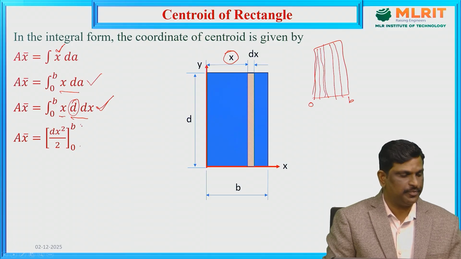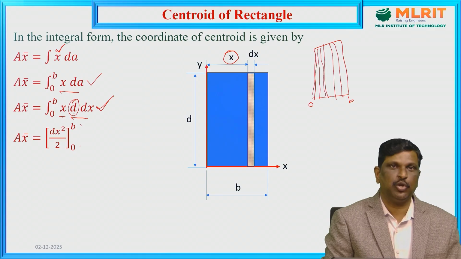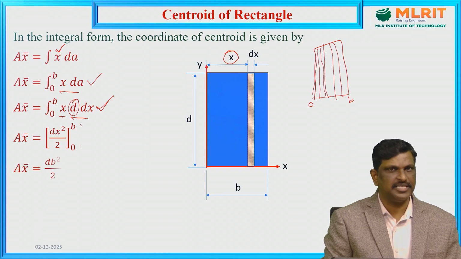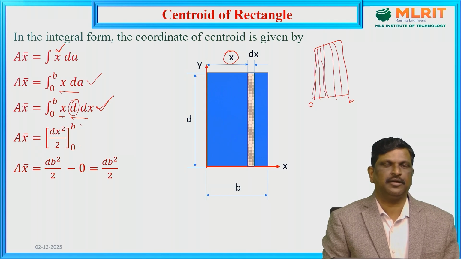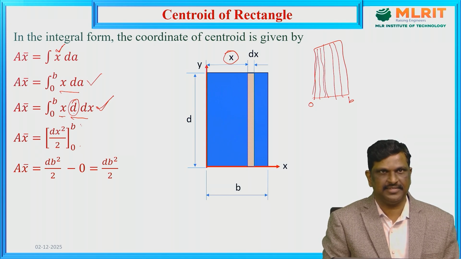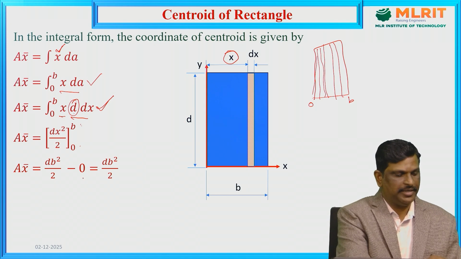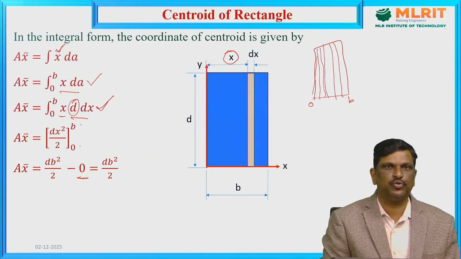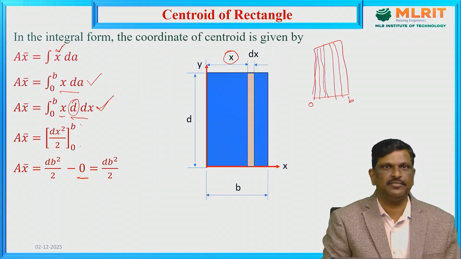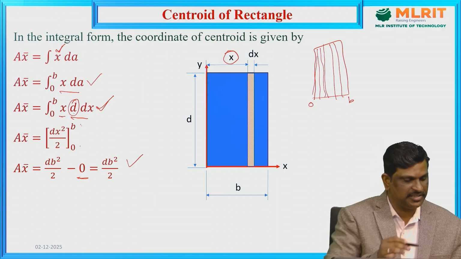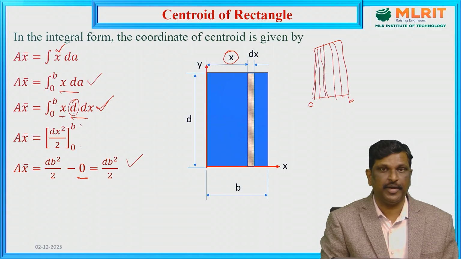Now substitute the upper limit in place of x first minus the lower limit. A x bar is equal to d b square by 2 minus 0. If we substitute lower limit 0 in place of x, the entire term becomes 0. So finally, A x bar is equal to d b square by 2.